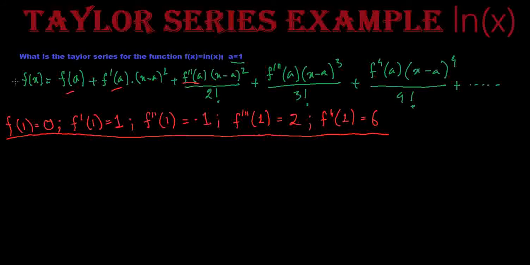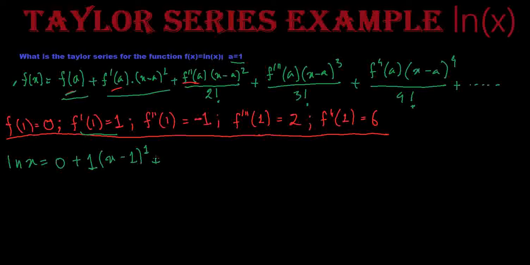Now by plugging the values in this formula, we get ln x equals f of 1, that is 0, plus f prime 1, that is 1, times x minus a, that is x minus 1 to the power 1.